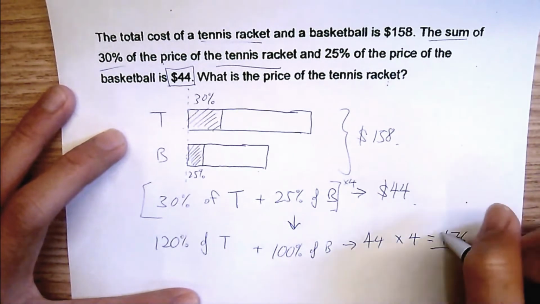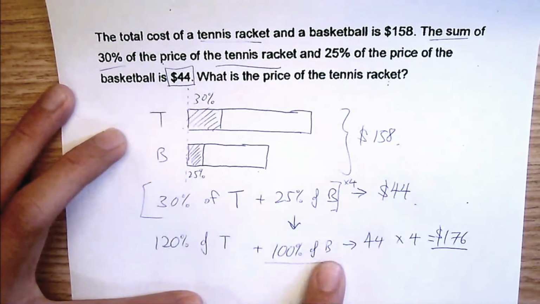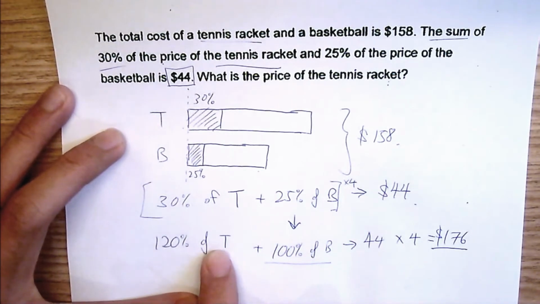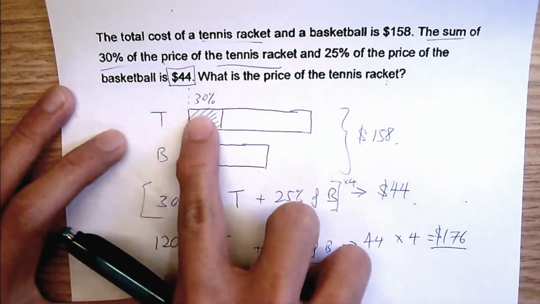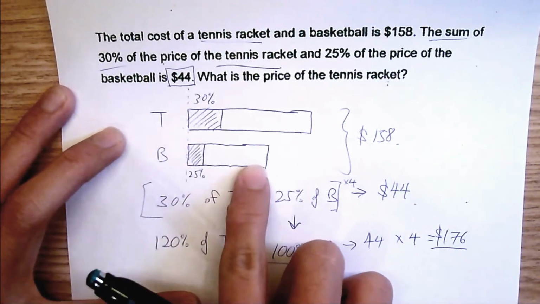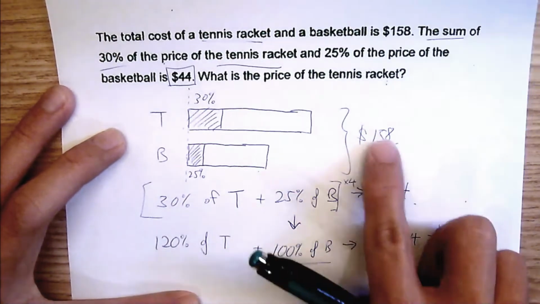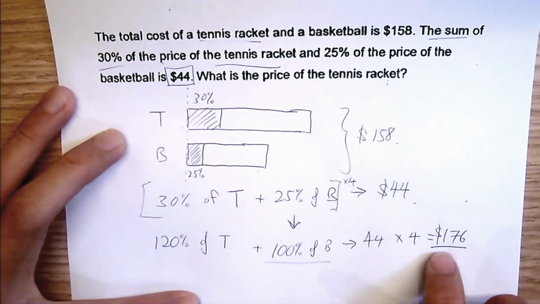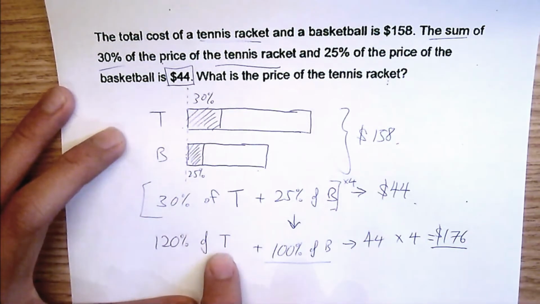So now this tells me that 100% of basketball, which is one basketball, and 120% of the tennis racket will be 176. Originally, we had 100% of tennis racket plus 100% of basketball give me 158. With this, I can actually find a difference. The difference, which is 176 minus 158, will be equivalent to 20% of tennis.